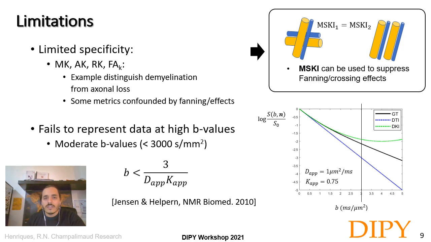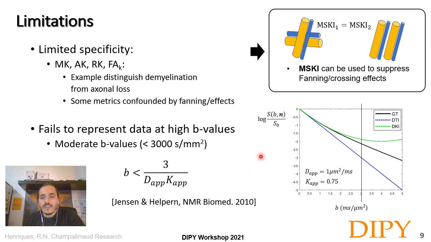Another limitation of DKI is that it is based on the equation of a cumulative expansion, so it is inadequate to represent the non-Gaussian effects at high B values. So for DKI analysis, you should use moderate B values, but larger than for DTI. You can adjust the B values of your experiments according to the expected apparent diffusivities and kurtosis in your studies using this equation.